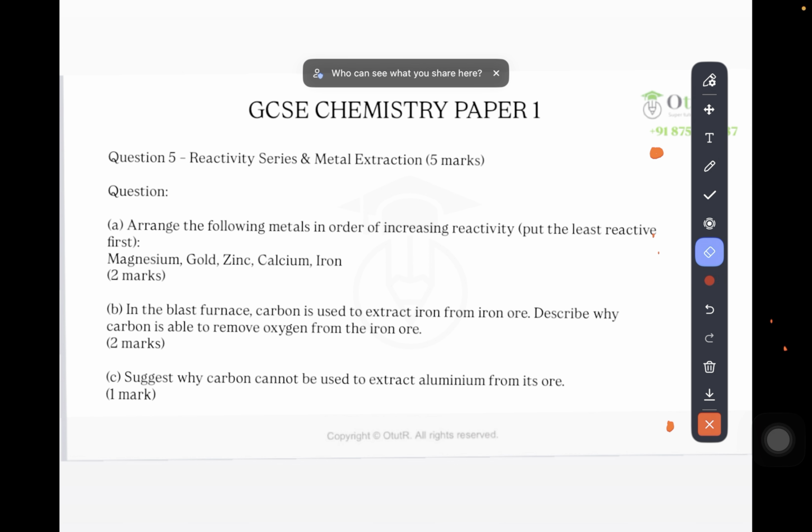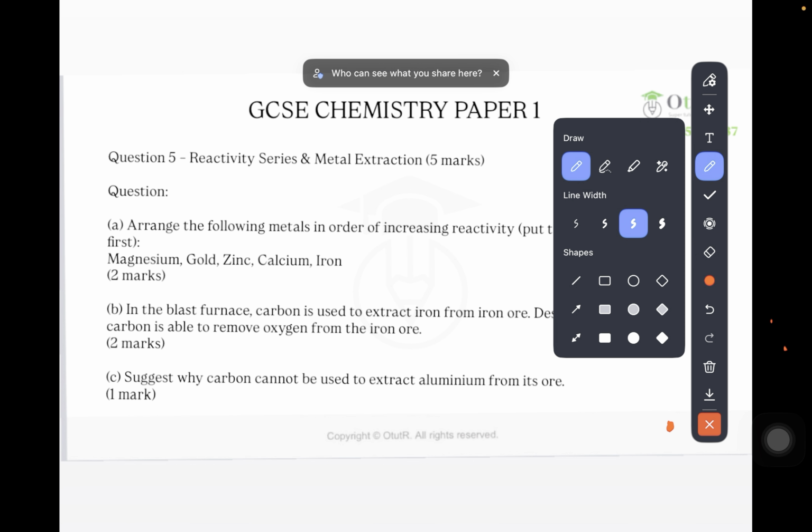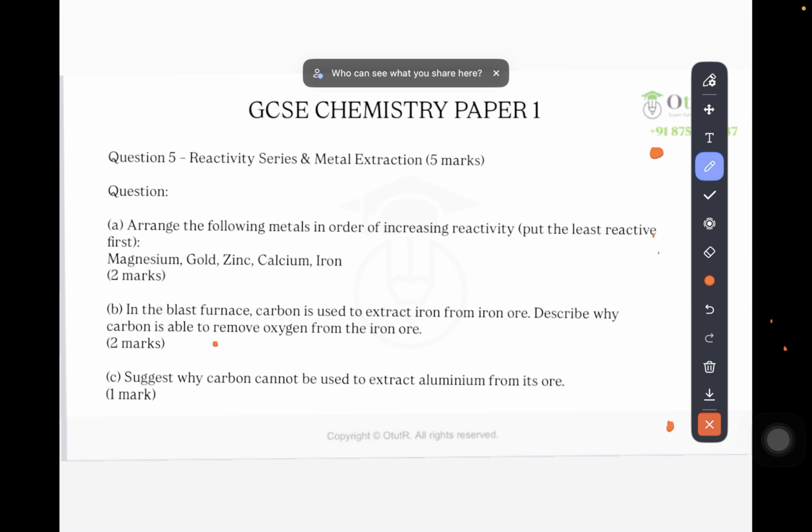Alright, next. In the blast furnace, carbon is used to extract iron from iron ore. Describe why carbon is able to remove oxygen from the iron ore. So carbon is more reactive than iron.